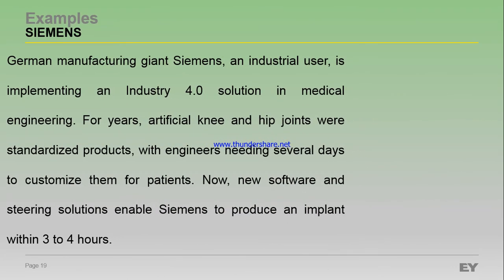And one more example is Siemens. Siemens is one of the leading companies that manufacture the controller for any kind of robot. Siemens has developed so many softwares that we will see in our upcoming classes.